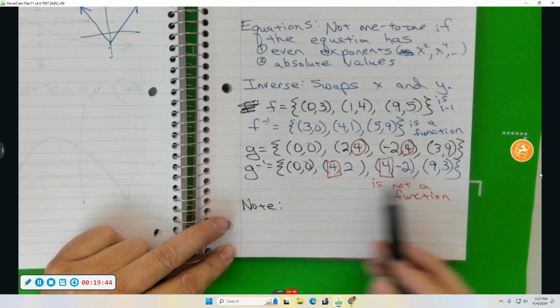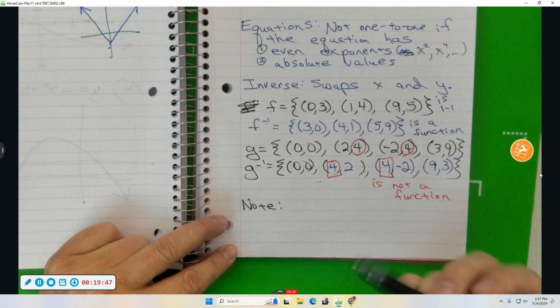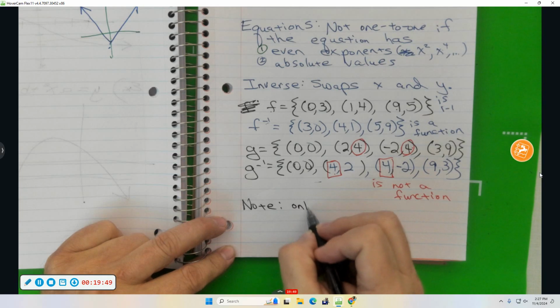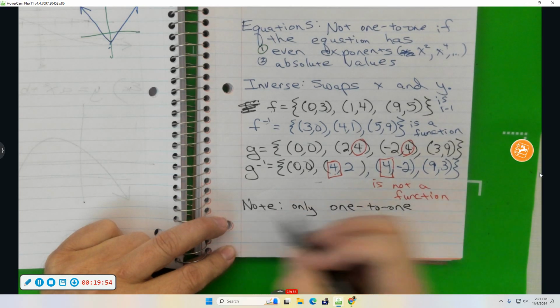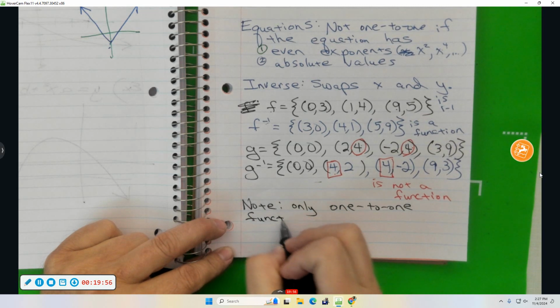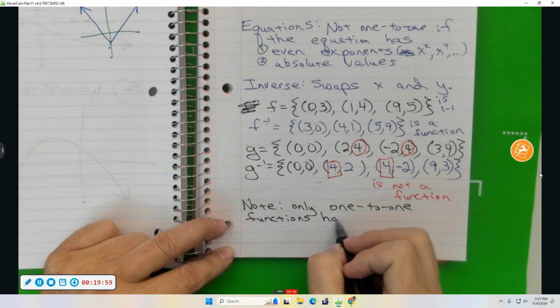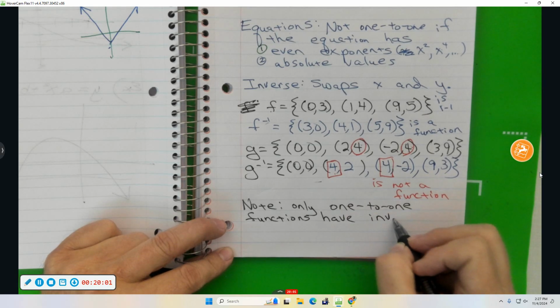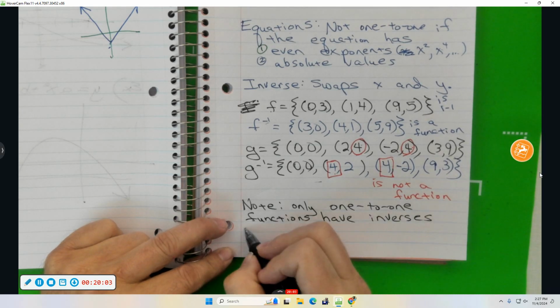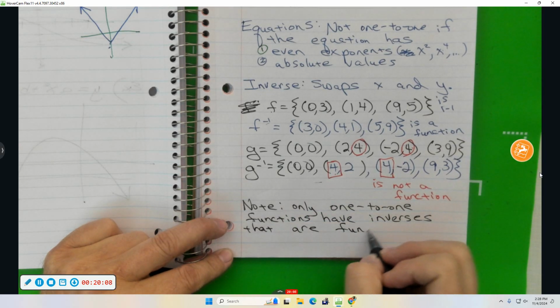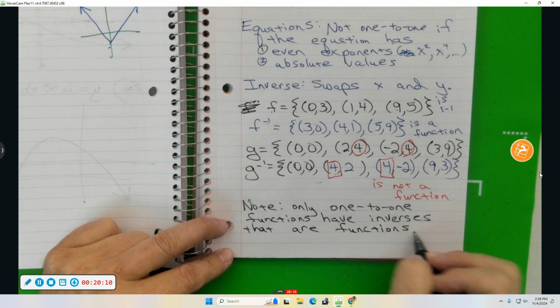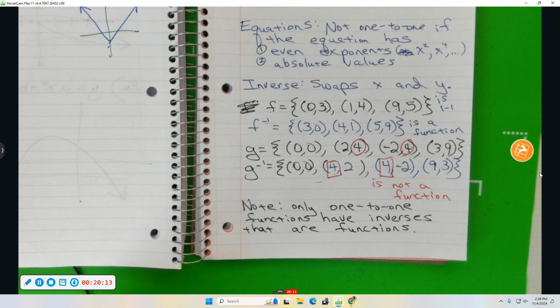You can still find the inverse, it's just not going to be a function.